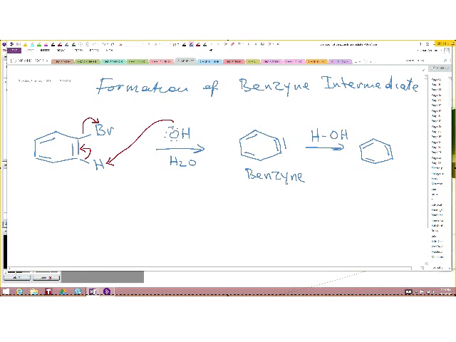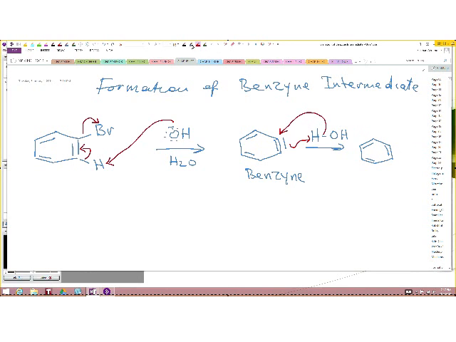Imagine that this pi electron comes here to grab this proton, and the hydroxide that is left will come here to attack this carbon. It's almost as if you have a concerted reaction. Everything is happening at the same time.